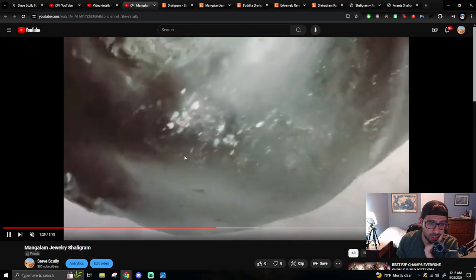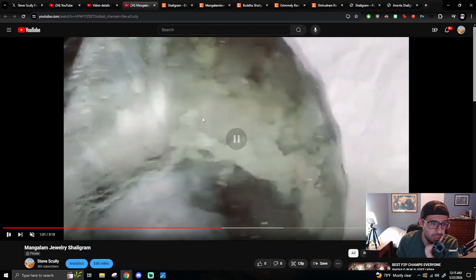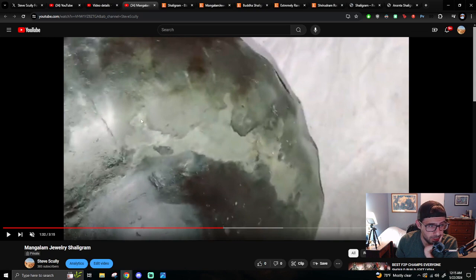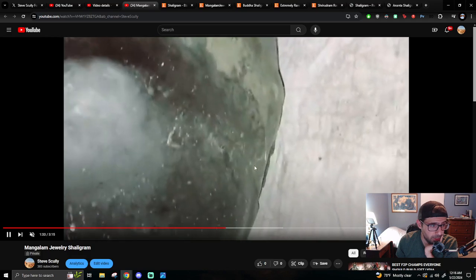So this is the other side, which has these things going on here in the pyrite.